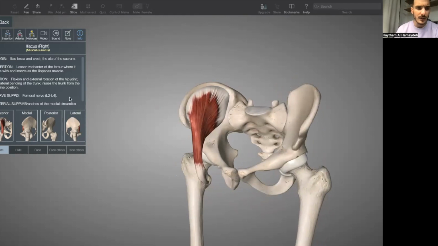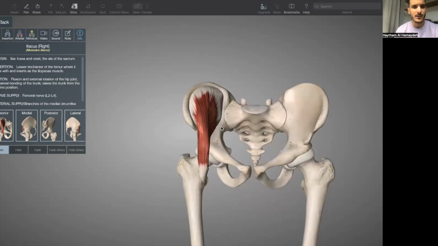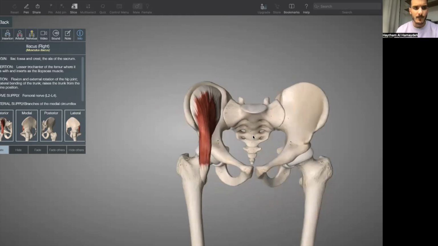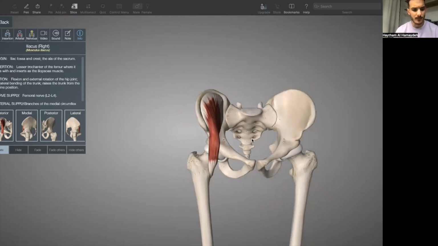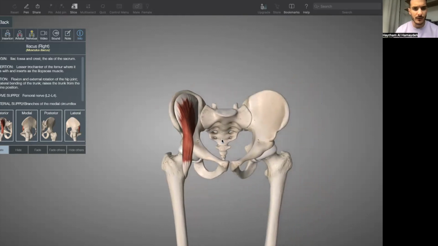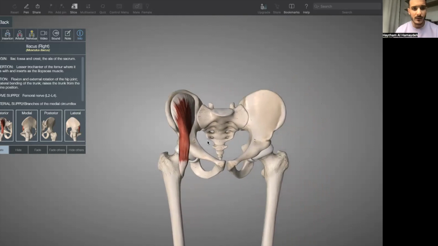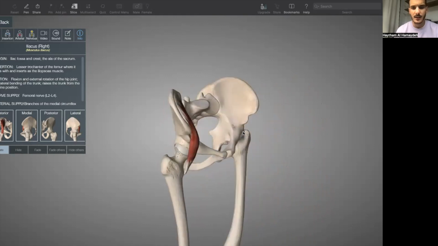The action is flexion and external rotation of the hip joint, ipsilateral bending of the trunk, and it raises the trunk from the supine position. Nerve supply is from the femoral nerve from L2 to L4. Okay, that's the iliacus.